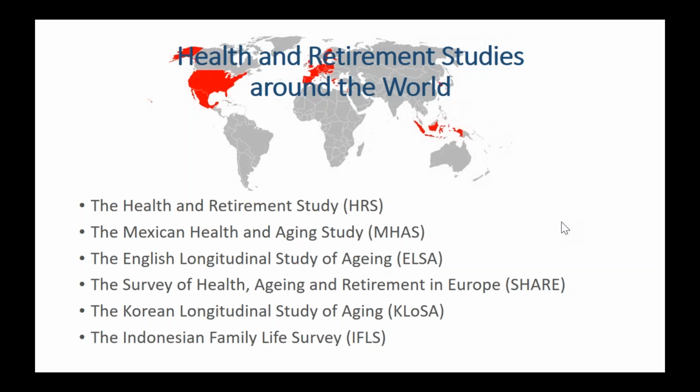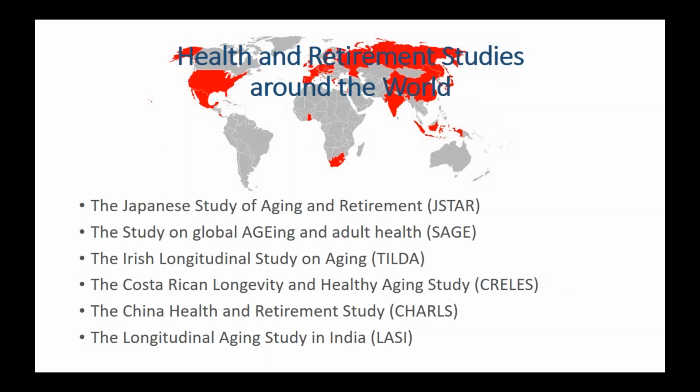So we'll briefly go over the rest of these countries. SHARE is a survey of health, aging, and retirement in Europe. SHARE includes 20 European countries currently and Israel. Korea has a study called KLoSA. The IFLS is a study in Indonesia. JSTAR is the Japanese study of aging and retirement in Japan.